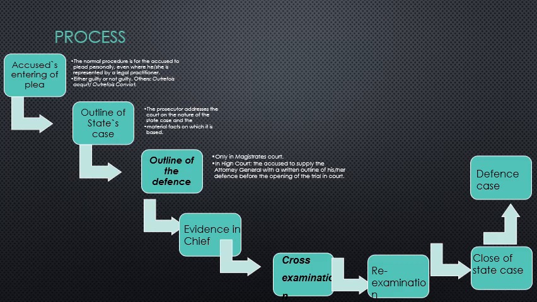This plea can either be guilty or not guilty, but there are exceptional cases wherein you may say autrefois acquit or autrefois convict. Autrefois acquit, saying that no, I'm being charged here, but I've already been acquitted of this offense.